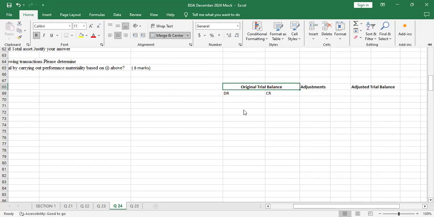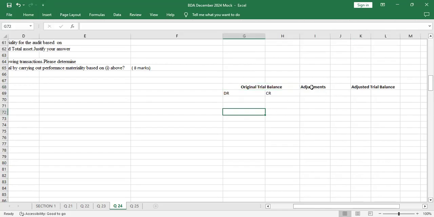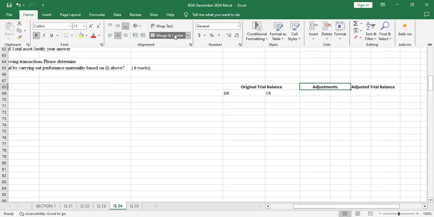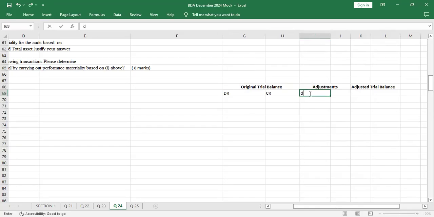Then also for adjustment, I'll merge that and center. So it will also have debit and credit columns. Then for this one, I'll just copy and drag credit.